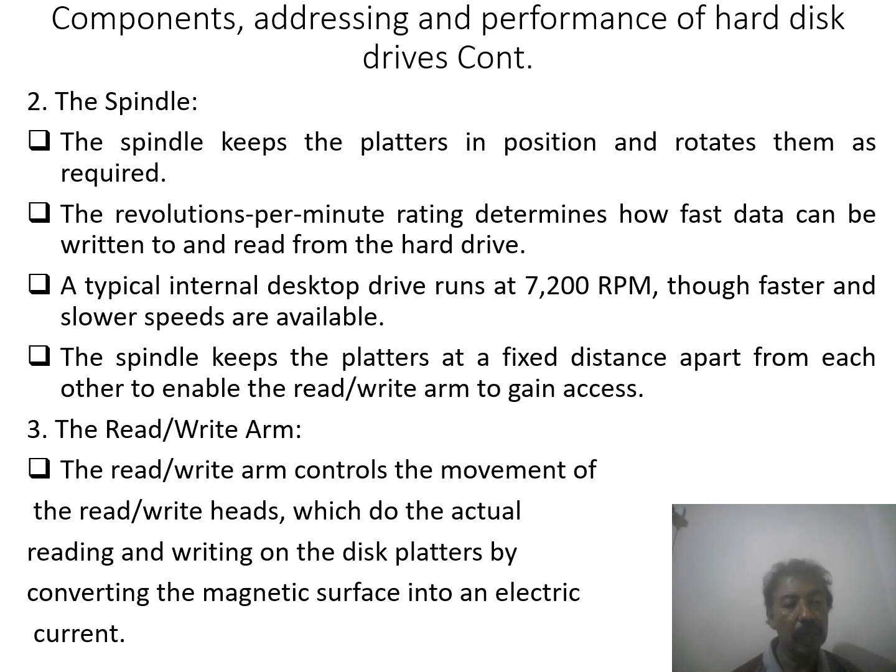Then spindle. The spindle keeps the platters in position and rotates them as required. The revolutions per minute rating determines how fast data can be written to and read from the platter. A typical internal disk drive runs at 7,200 RPM, though faster and slower speeds exist.